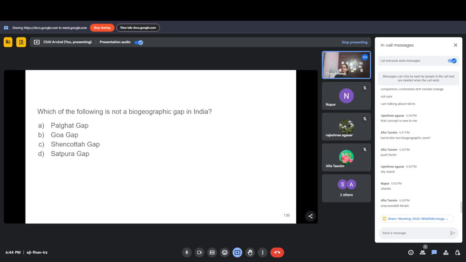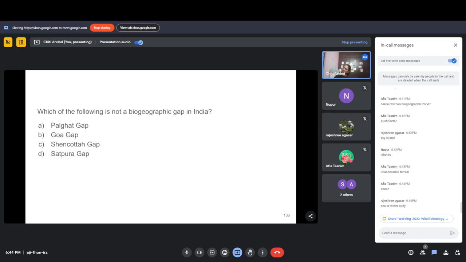So there is some region in this which is inaccessible, right? Correct. Ocean, right? Water body, correct. So all these are biogeographical barriers, right? They are barriers that prevent these animals from crossing from one island to another island.